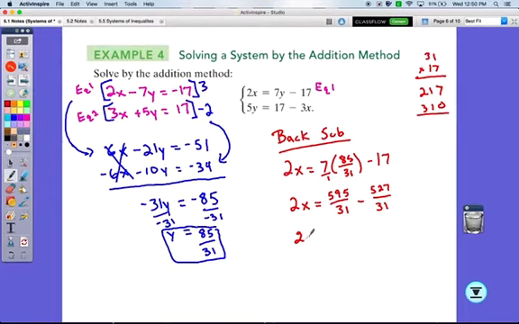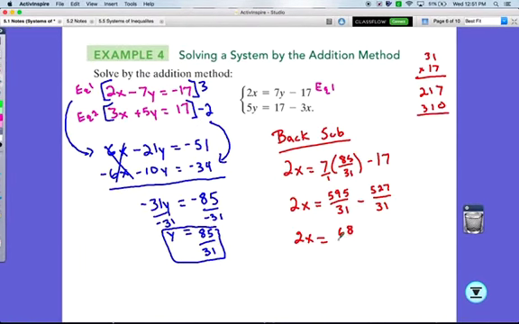All right, that becomes 2x is equal to, when I subtract, 595 minus 527, not 62, 68. Yeah, 68 over 31.